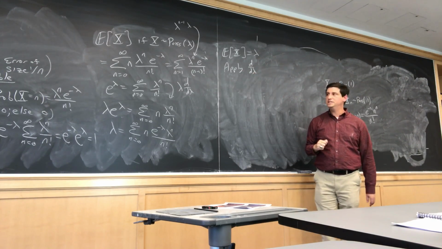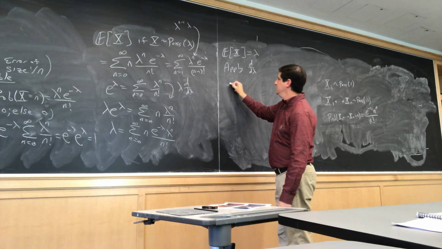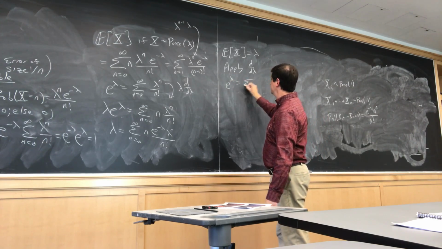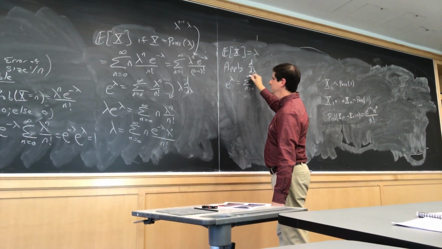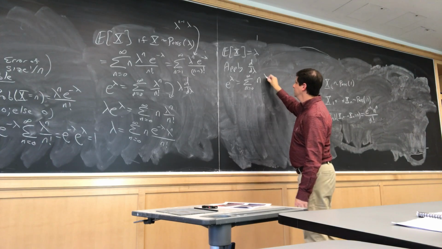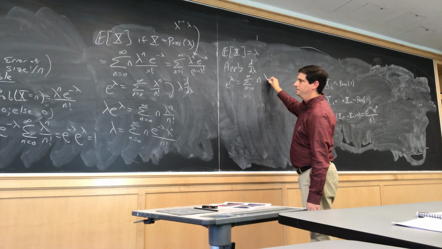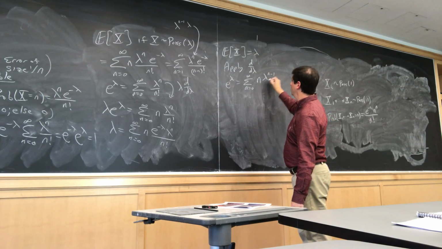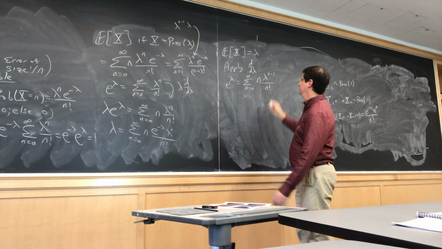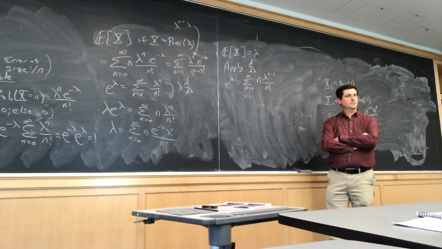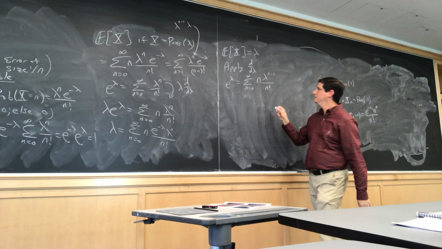And if we apply d by d lambda, we would then get e to the lambda is the sum as n goes from 0 to infinity of n lambda to the n minus 1 over n factorial. Apply again.